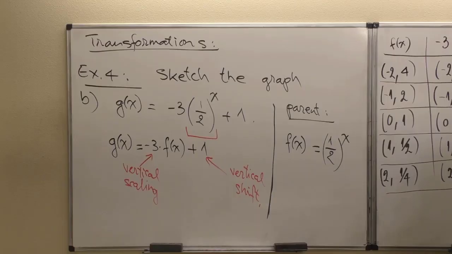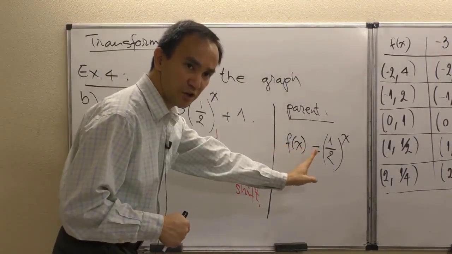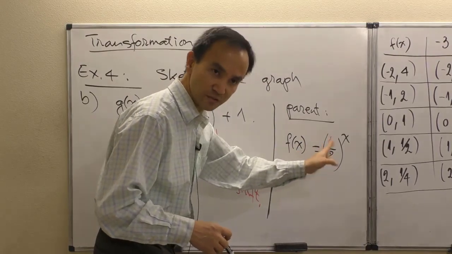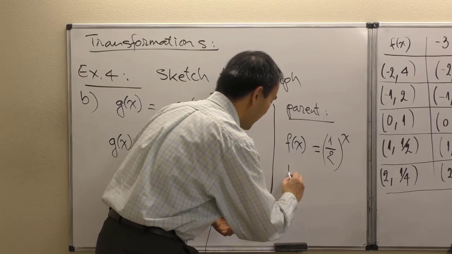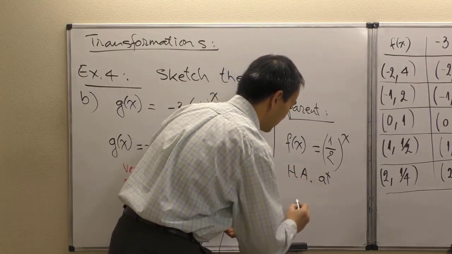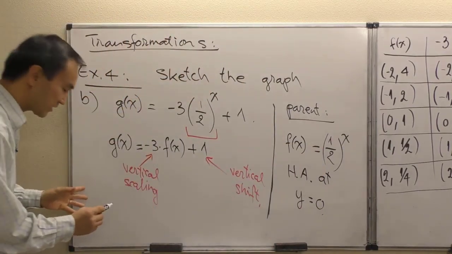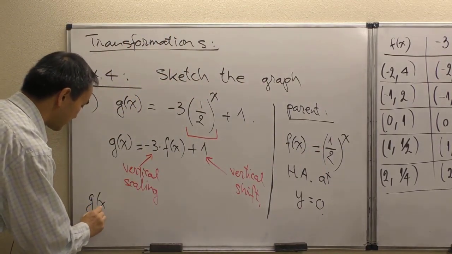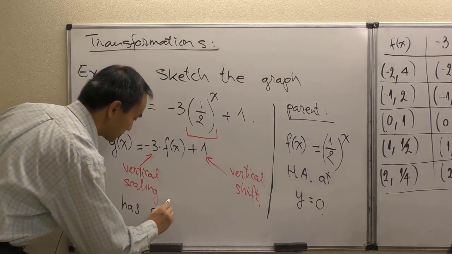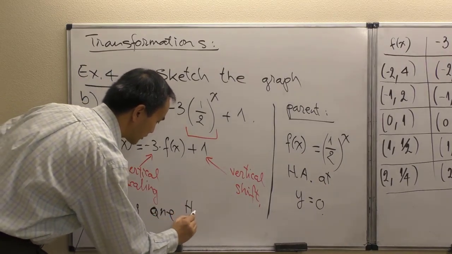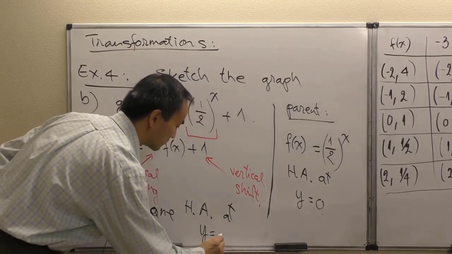And so now with this function, this original parent function is just the basic or simple a to the x. So this one here has a horizontal asymptote, HA, at y equals 0. That was the one for this. But now for this particular g of x function, this is what we noticed right here, it has one horizontal asymptote, HA, at y equals positive 1.